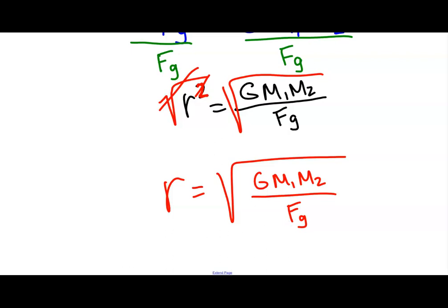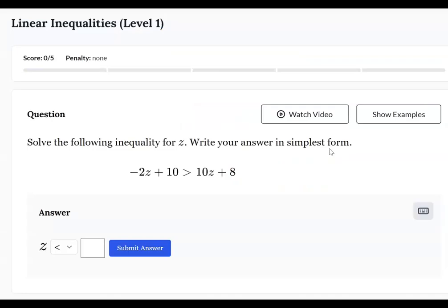All right, let's take a look at the other topics on the homework. The next 3 topics on the homework all have to do with solving linear inequalities. Now this is the same as solving an equality. The only difference is that this item here in the center is not an equal sign. It could be a greater than sign, it could be a less than sign, it could be a greater than or equal to, or a less than or equal to.